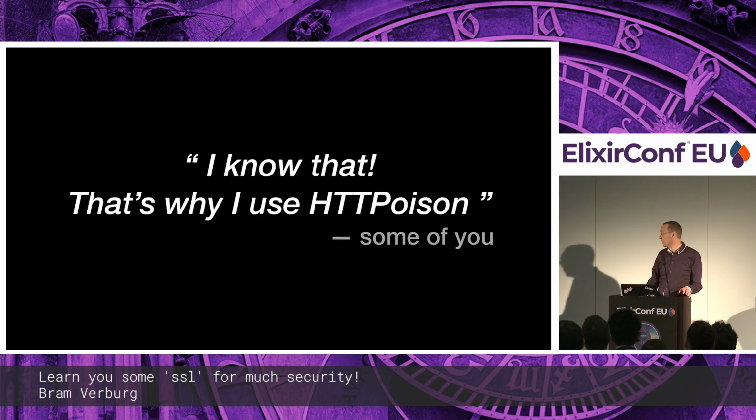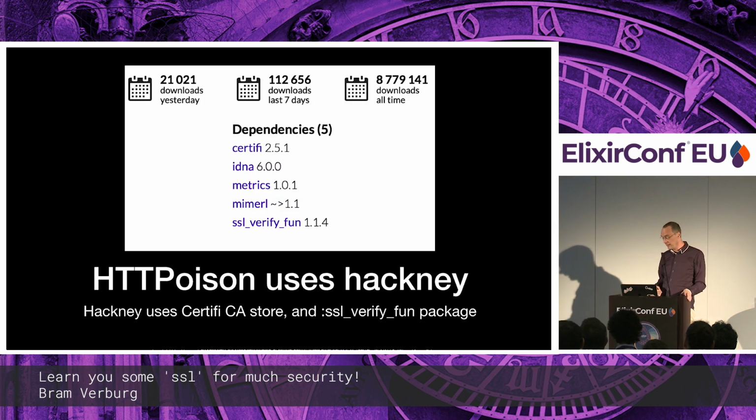Now, some of you may say, I know that. That's why I use HTTPoison. Now, HTTPoison is the most popular HTTP client, at least in Elixir. And it's based on Hackney. And Hackney has these dependencies.